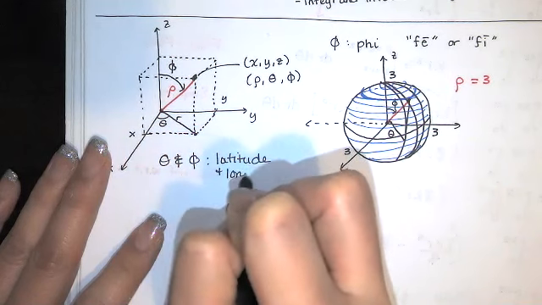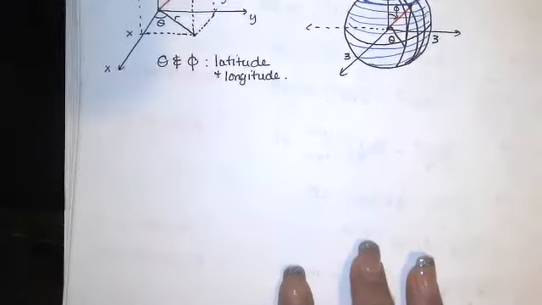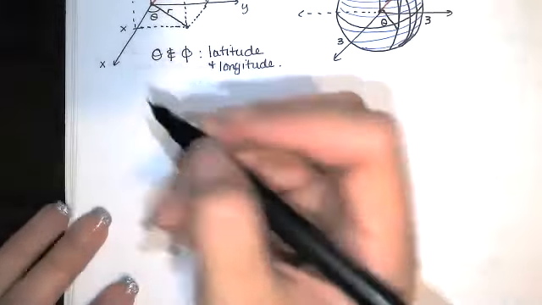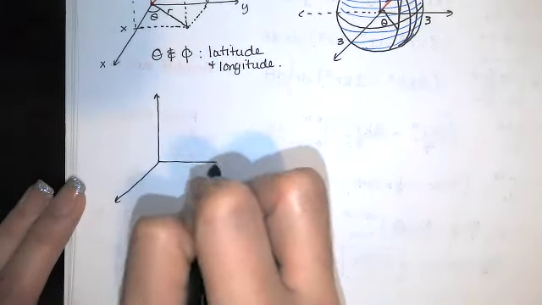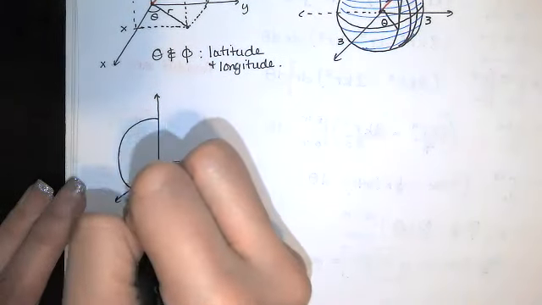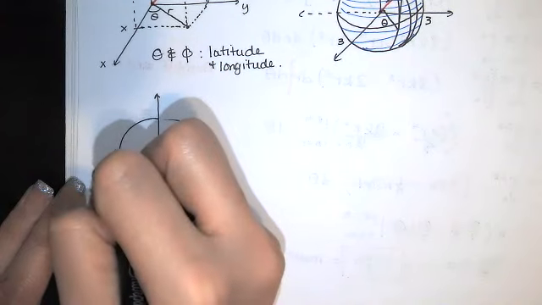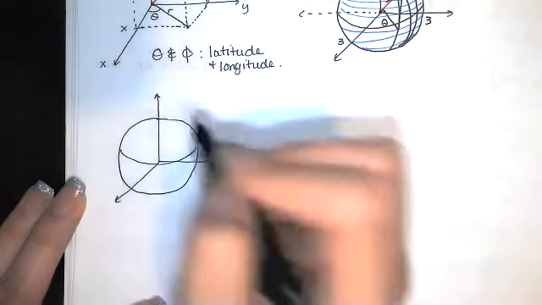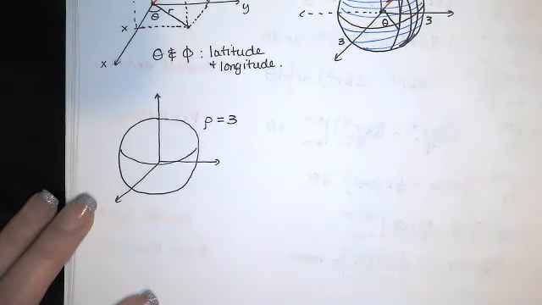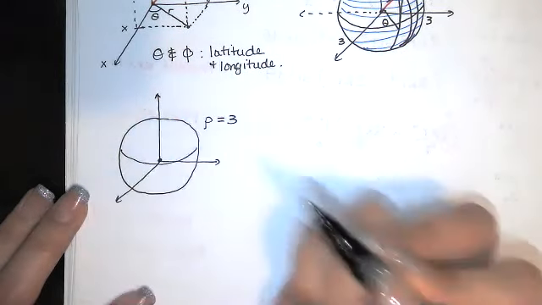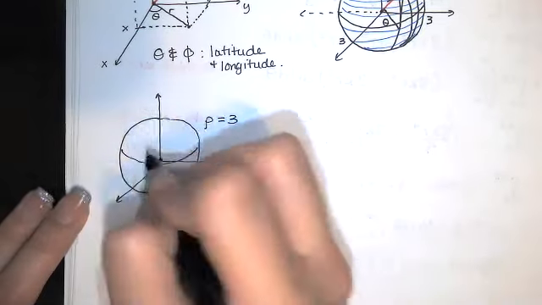Because I can't do that all together on a sphere, obviously, I'm going to draw this a little bit differently. Let's say it this way. If rho is equal to a constant, we've got a sphere centered at the origin. So if rho equals 3, that's a sphere of radius 3. If rho equals 0, that's a sphere of radius 0, so it's just the origin.